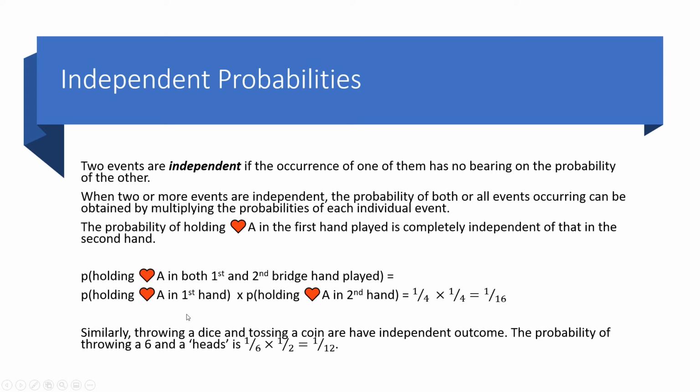But certainly playing 2 separate hands of bridge offers independent probabilities. And I'll give you another example. I've got a dice and a coin. The probability of throwing a 6 and tossing a heads is a 6 times a half, which is a 12th. So if I throw a dice and toss a coin, I'll get a 6 and a heads 1 time out of 12.